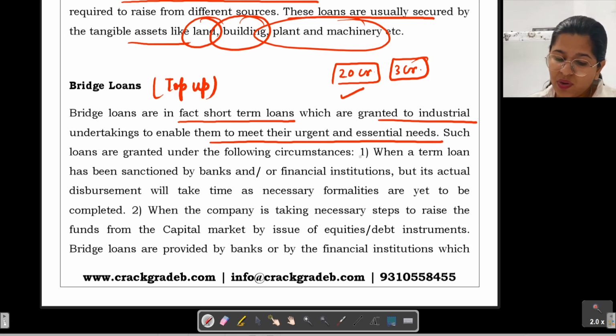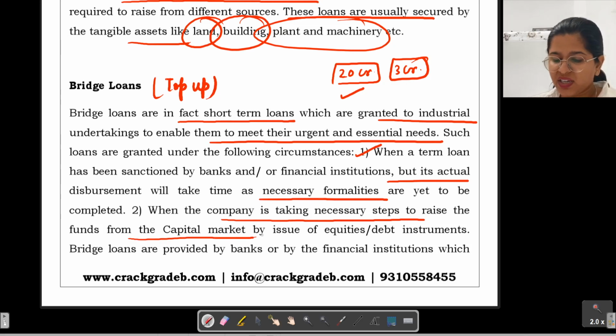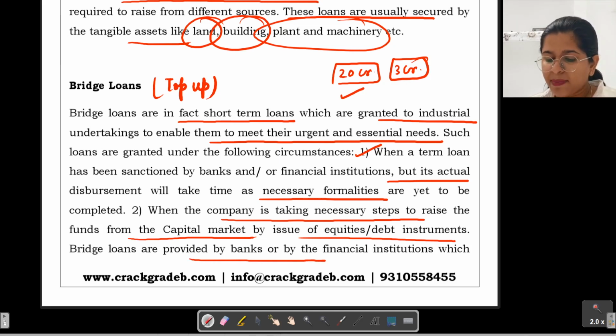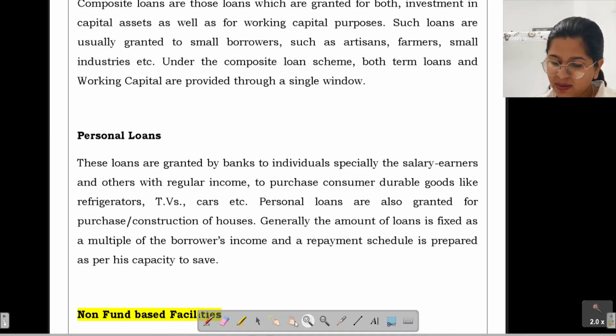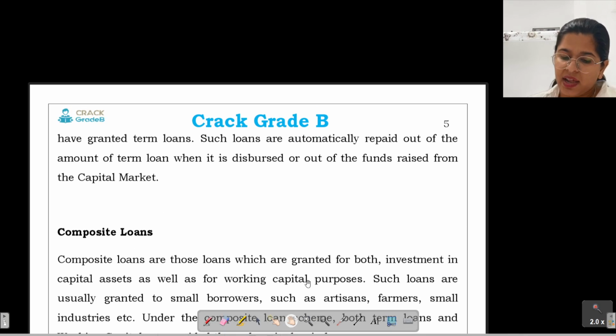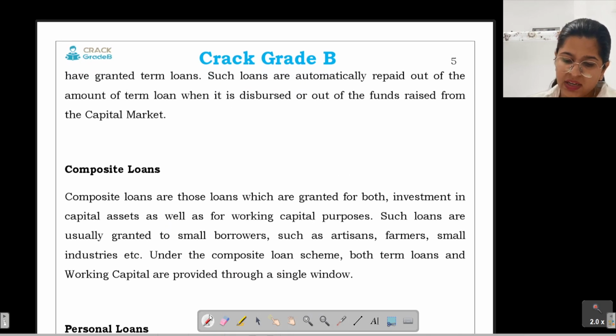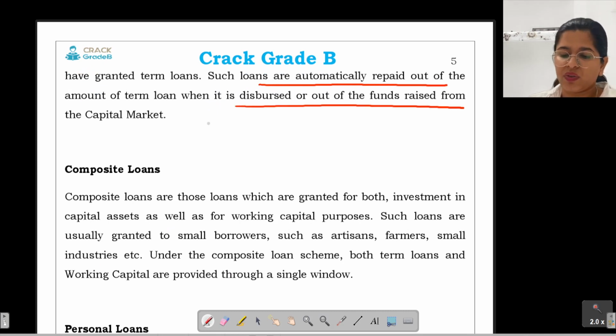When a term loan has been sanctioned by the banks, but its actual disbursement is taking time, right? Formalities are taking time. And when the company is taking the necessary steps to raise the funds from the capital market by issue of equity, bridge loans are provided by the banks or by the financial institution which have granted term loans. Such loans are automatically repaid out of the amount of term loans when it is disbursed or out of the funds raised from the capital market.